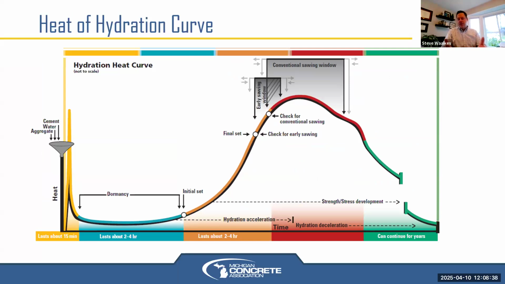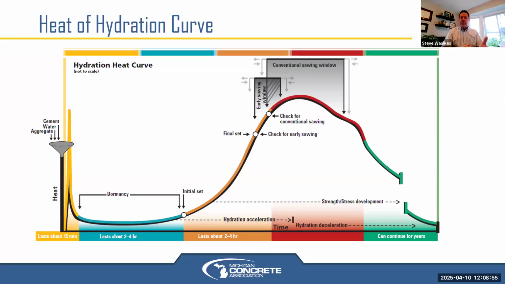And so you can actually measure this with temperature devices when you mix water and Portland cement, or mix a batch of concrete together. It actually spikes real quickly in temperature, but then goes dormant, which is great for us because our construction practices have kind of evolved around that.